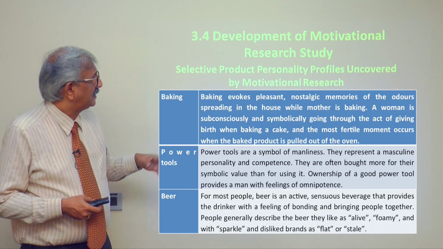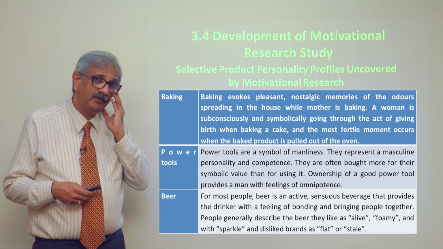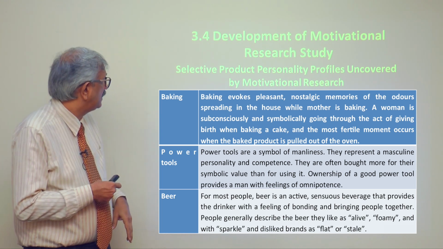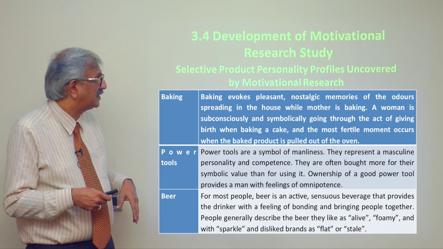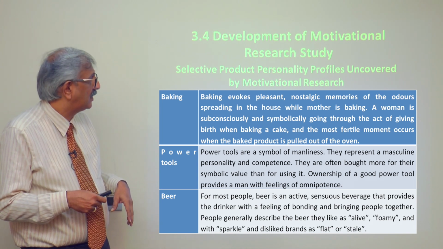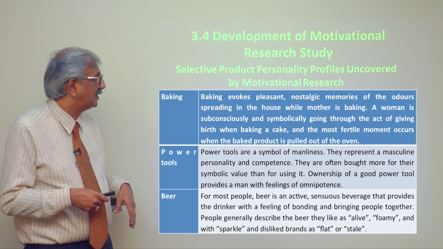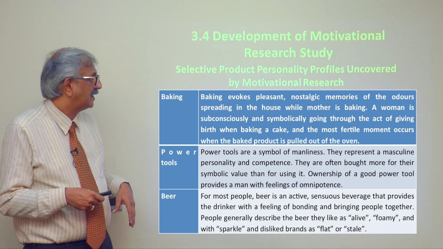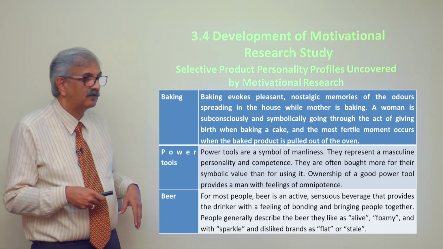Selective product personality profiles uncovered by motivation research. Here I'm just trying to give you an idea. In the book, there are many such things. So baking evokes pleasant nostalgic memories of an odor spreading in the house while a mother is baking. A woman is subconsciously and symbolically going through the act of giving birth when baking a cake, and the most fertile moment occurs when the baked product is pulled out of the oven.